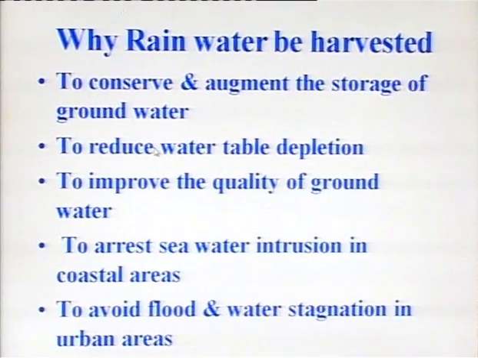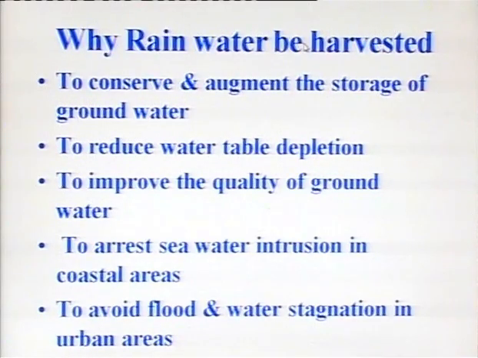Depletion means the water level goes down by 1 meter every year in the state of Punjab. So rainwater is harvested to reduce this depletion of the water table level.